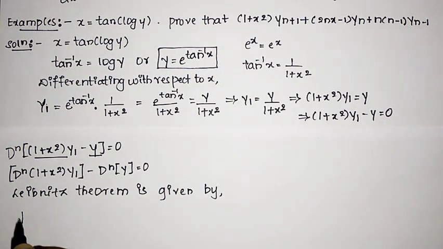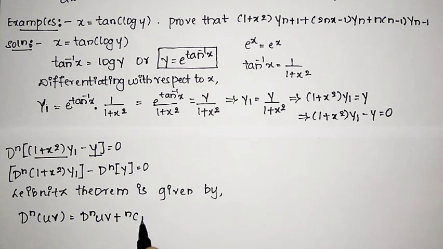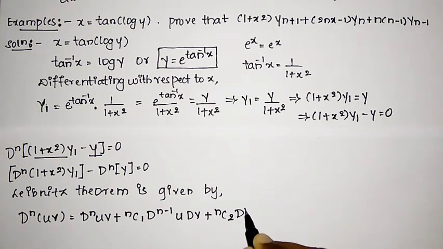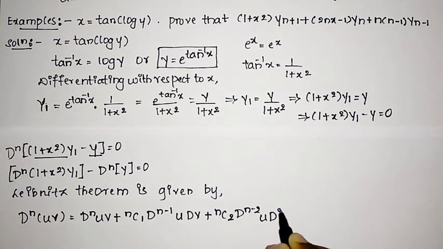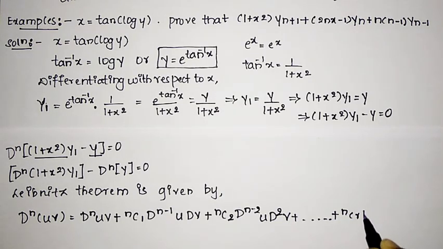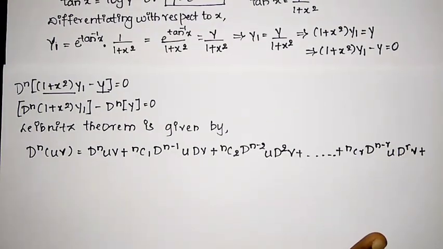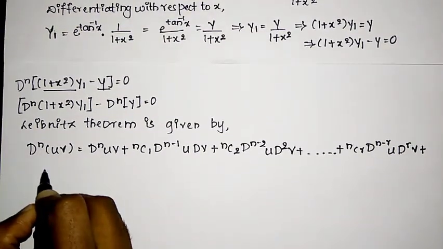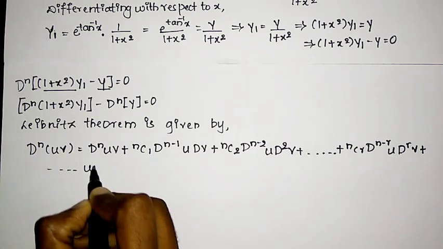Leibniz theorem is given by d raised to n of uv is equal to d raised to n of u into v plus nc1 d raised to n minus 1 of u into dv plus nc2 d raised to n minus 2 of u into d square v plus ncr d raised to n minus r of u into d raised to r of v plus up to u into d raised to n of v.